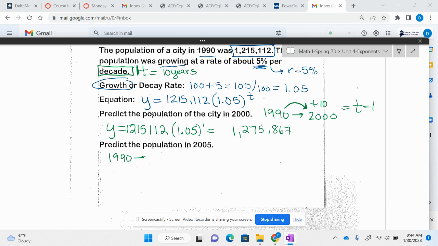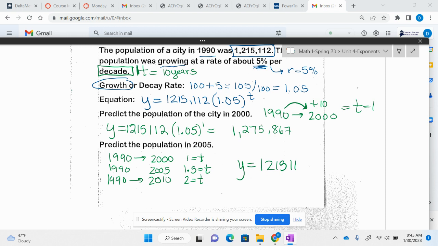Okay. Well, what about in the year 2005? Let's see, 1990 to 2000 is 10 years or 1 T. 1990 to 2010 is 2 decades, right? Or 2T. So to the year 2005, that's 15 years or 1.5 T. So y equals 1,215,112 times 1.05 to the power of 1.5.